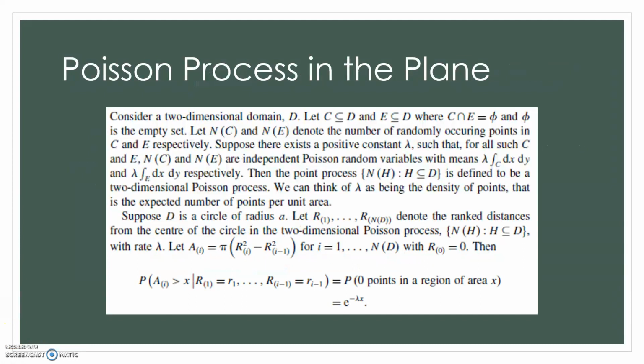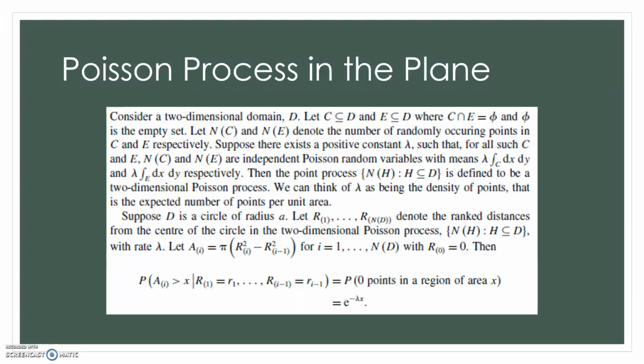So now we're going to talk a little bit about Poisson processes in the plane. We're going to consider a two-dimensional domain D, where we let C be a subset of D and E be a subset of D, where the intersection of C and E is the empty set. Then we let N of C and N of E denote the number of randomly occurring points in C and E respectively.